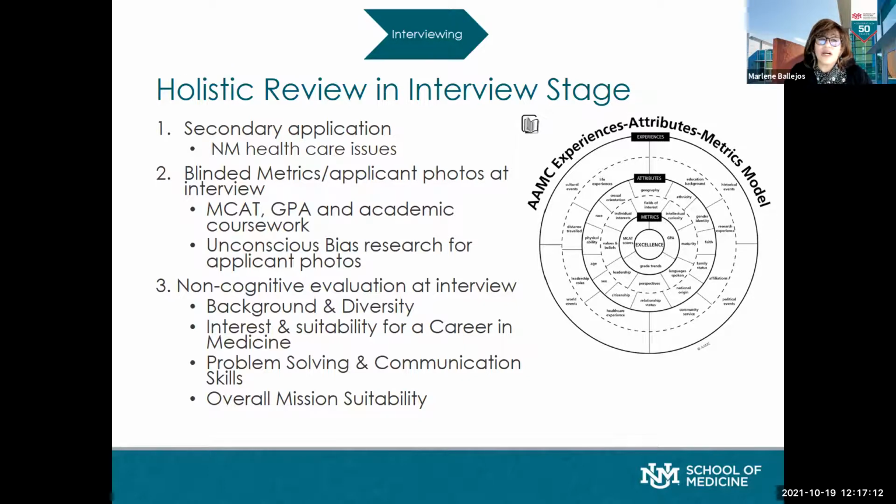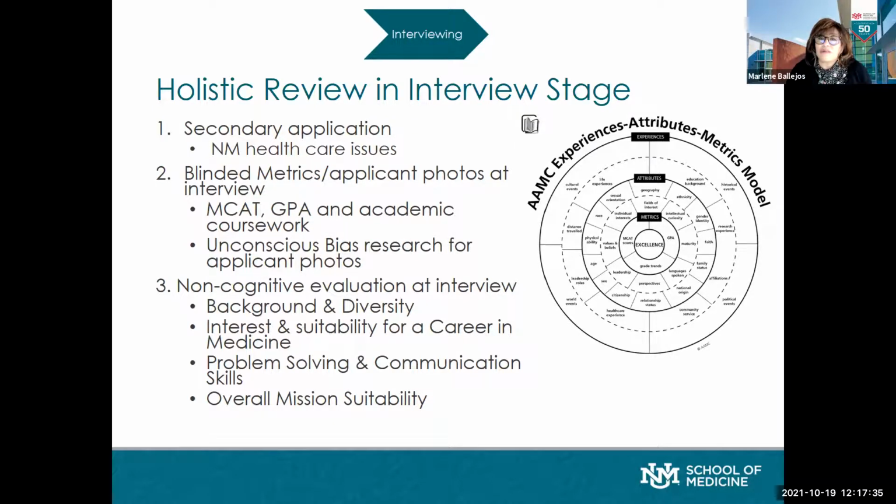And so applicants are blinded, or our committee members, our interviewers are blinded to the metrics at the point of interviews. So we do have minimum MCAT and GPA cutoffs. And so once the applicants meet that minimum criteria, then their interviewers just learn everything else about the applicant.